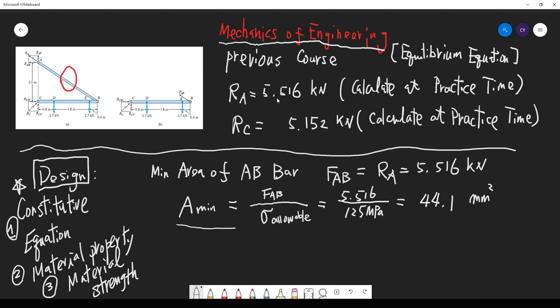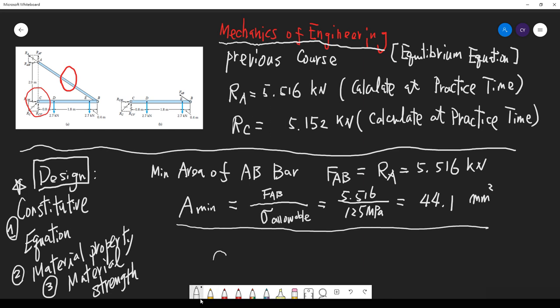Now we will calculate another. We will consider here, and should be careful about this.